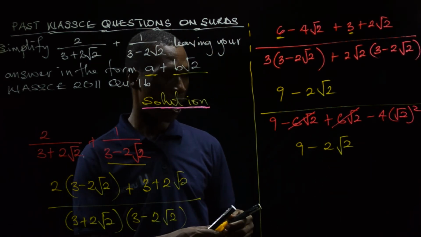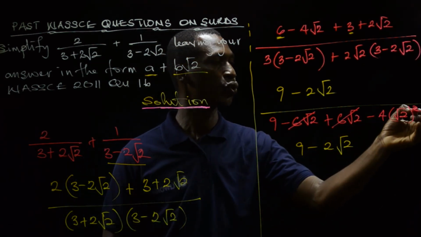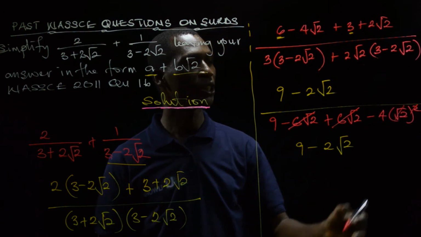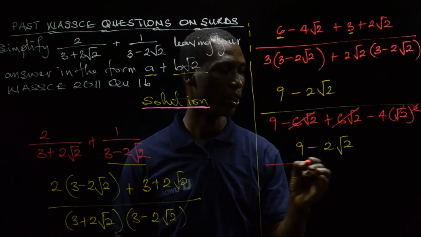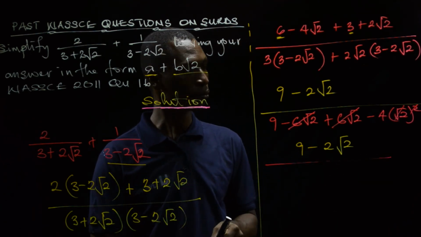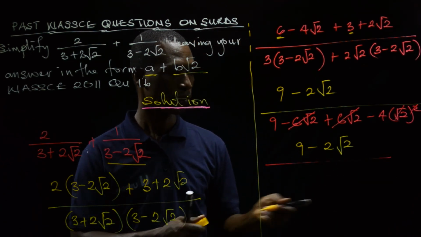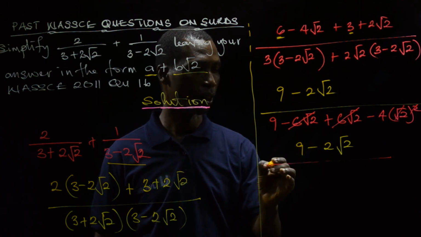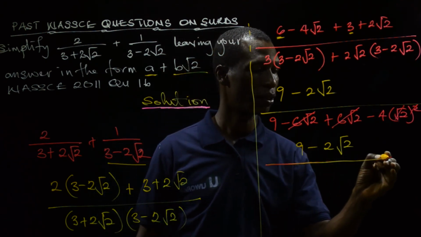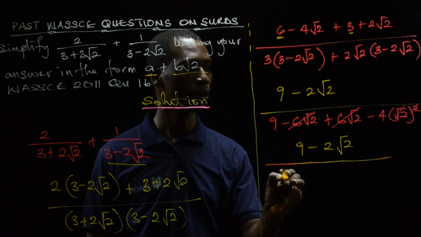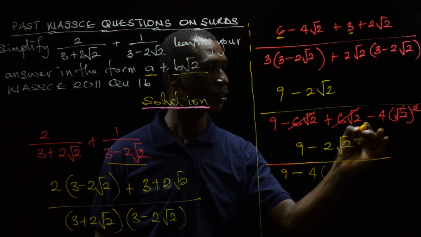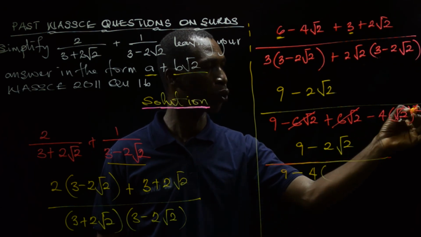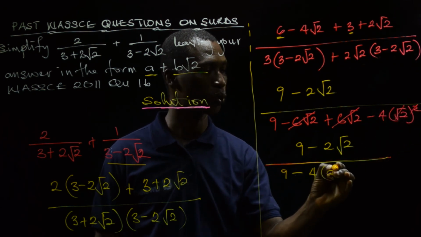Then we have the 2 as a power blowing the root sign away. So when that happens, I have my denominator to be 9 minus 4 into brackets, I've blown the root sign away, so 2.